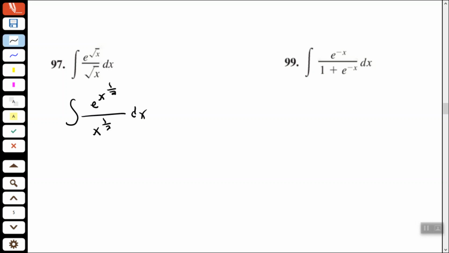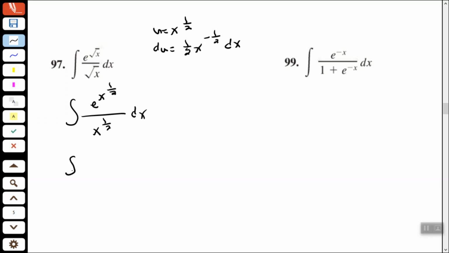If I can let u equal x to the 1/2 and get some form of du to equal 1 over x to the 1/2 times dx, then I can use the theorem above. So let's let u equal x to the 1/2, which is the exponent on the e, and then du would equal 1/2 of x to the negative 1/2 dx, and that x to the negative 1/2 is the same thing as 1 over x to the 1/2.